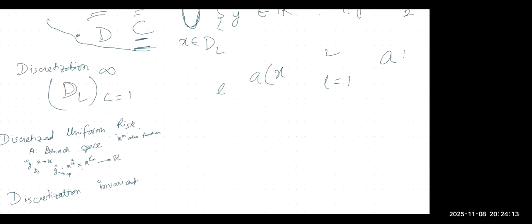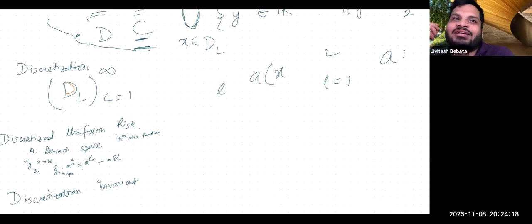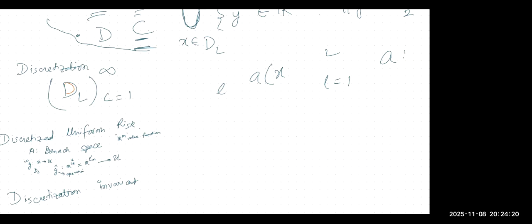Now G hat is cap. I'm sorry, I'm calling it cap hat. Yeah, sorry, G cap, same thing. This is the operator that you are having your algorithm to evaluate.